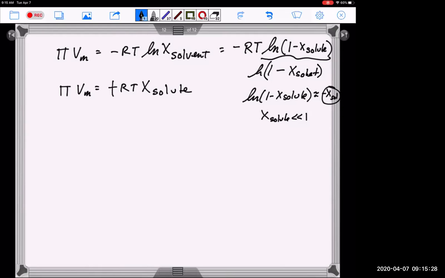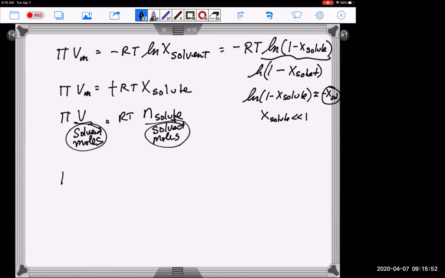And so we're at the result, which is the moles of solvent in the denominator here, moles of solvent in the denominator over here. So we get pi V equals N solute RT.